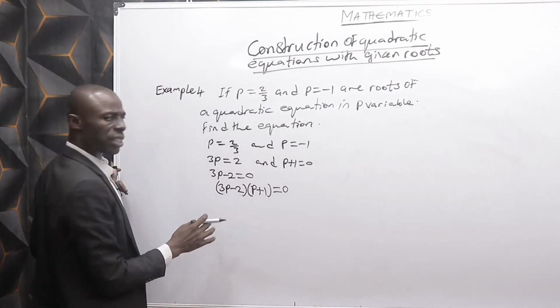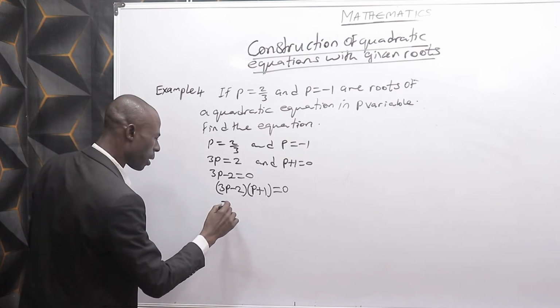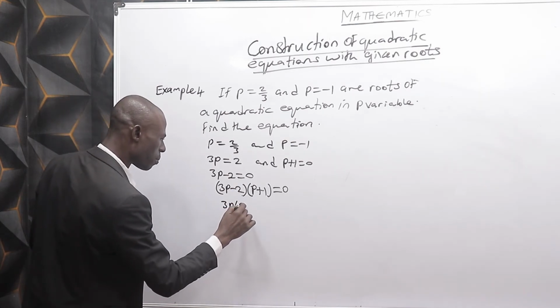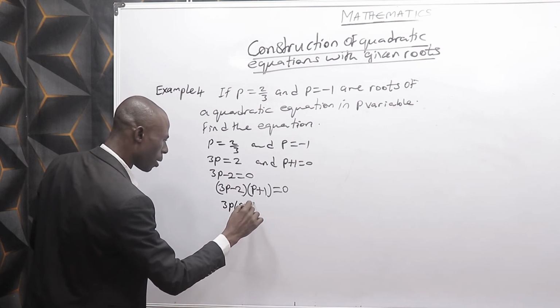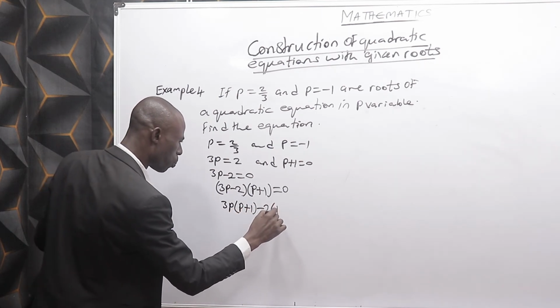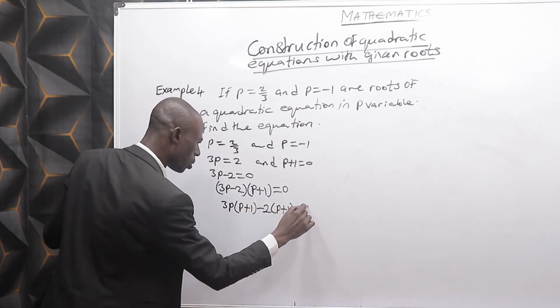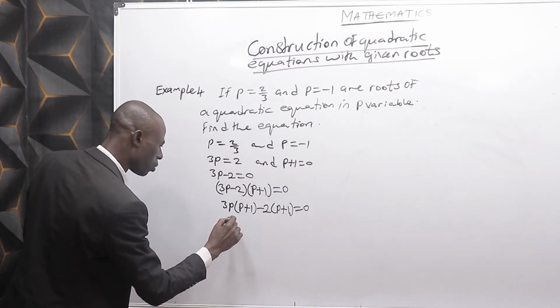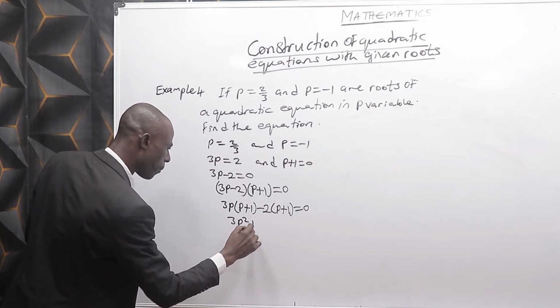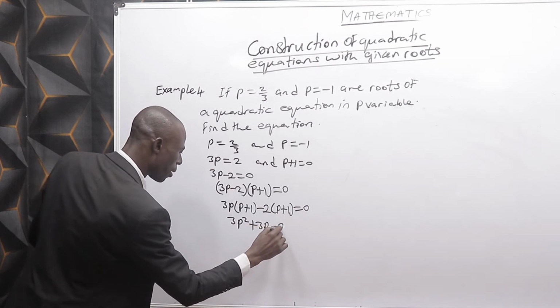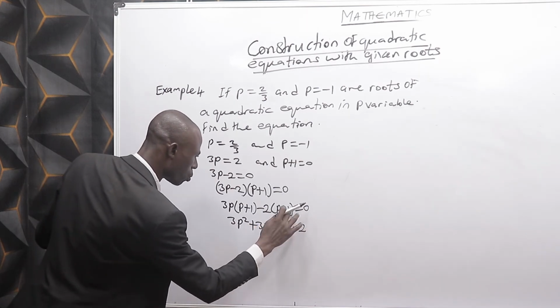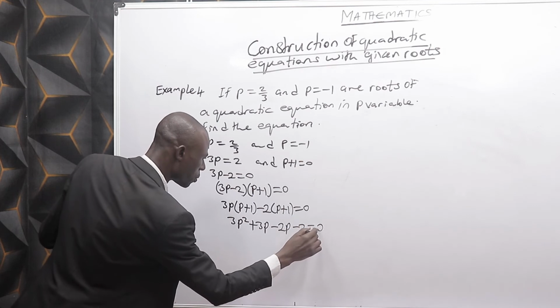So you expand this. You have 3p into p plus 1 minus 2 into p plus 1 equals 0. Opening this bracket, you have 3p squared plus 3p minus 2p minus 2 equals 0.